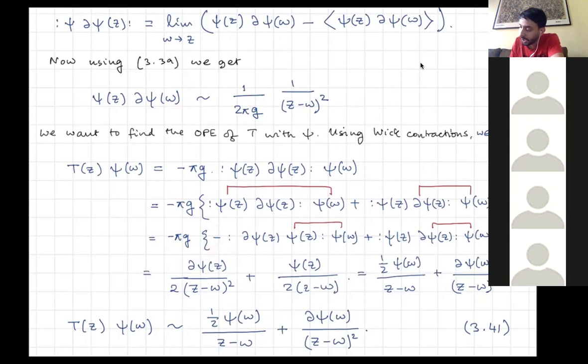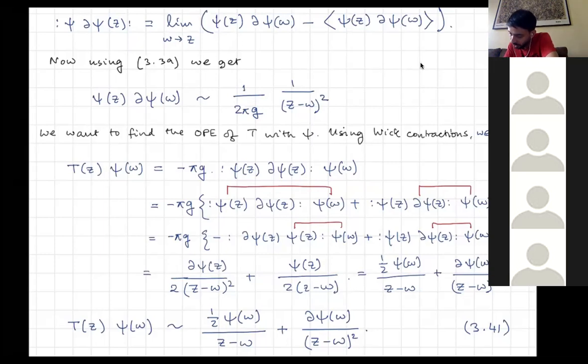Once you do this, there is going to be a del psi of z and a psi of z. Now you want to expand this out. You Taylor expand this once and once again, and once you do the math, you will see what you end up with.